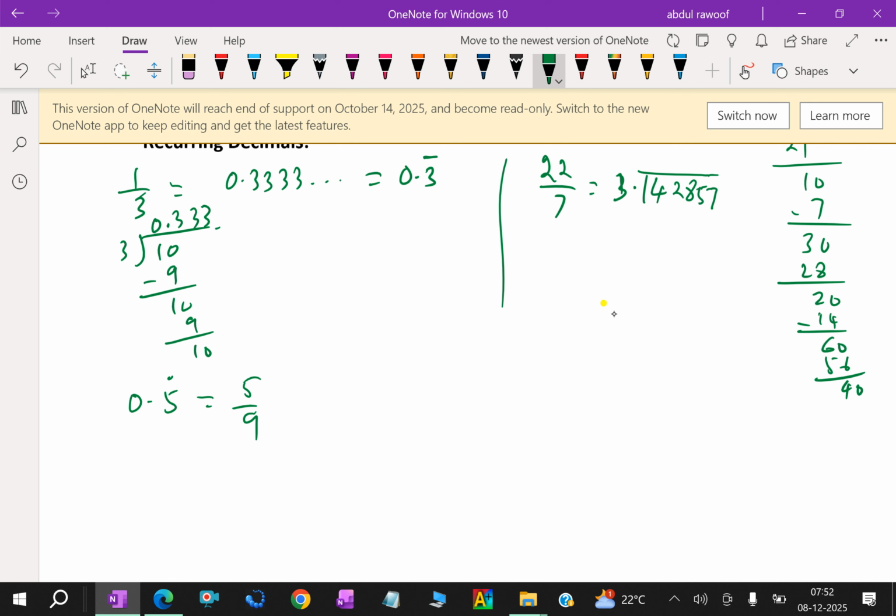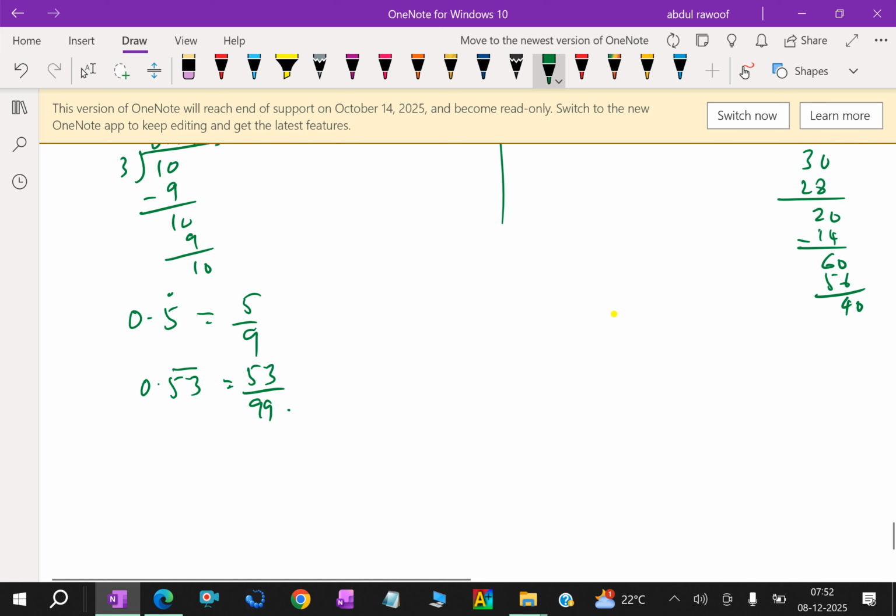For example, one more, 0.53 where both digits are recurring, which we can write as 53/99. These are some methods to find this, which will be explained in problems.